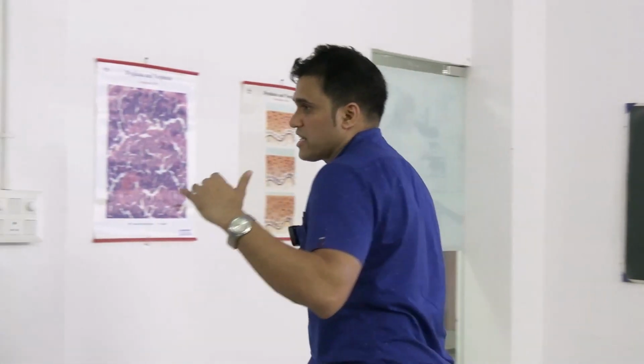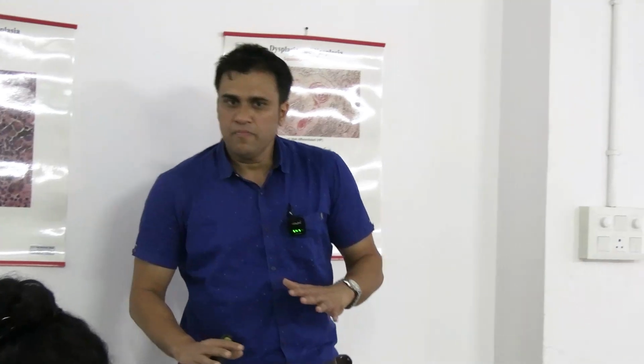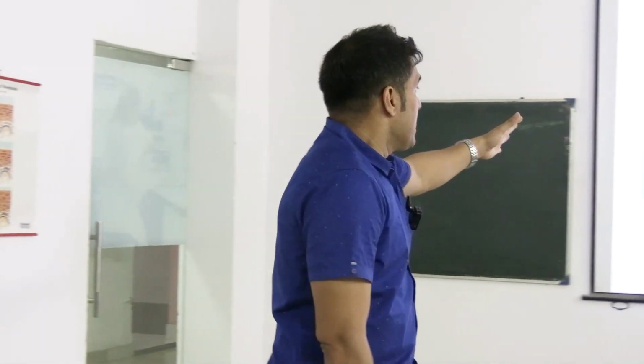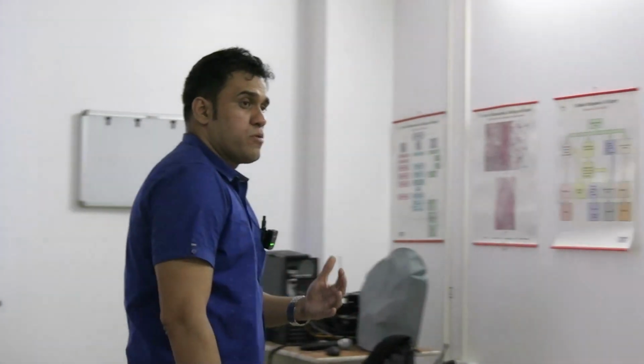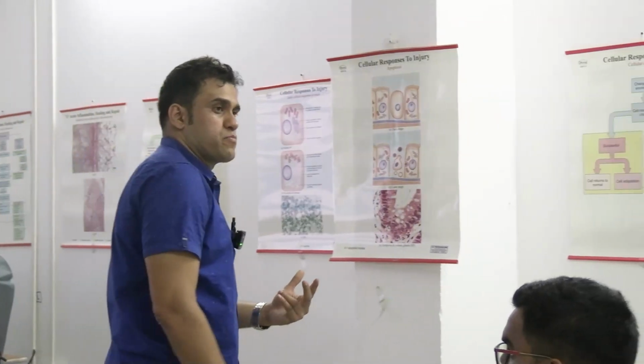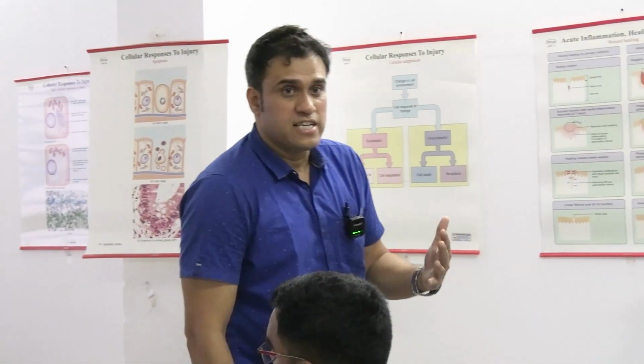That is called non-selective proteinuria. The selectivity is lost. So in selective proteinuria, only low molecular weight proteins like albumin and transferrin are excreted, whereas in non-selective proteinuria, higher molecular weight proteins like gamma globulins are also excreted along with them.